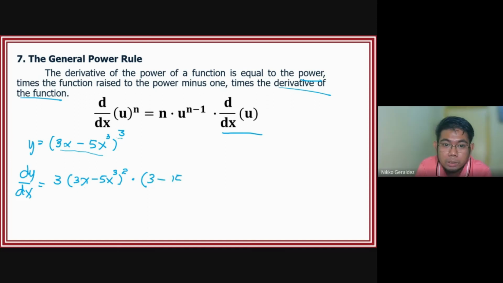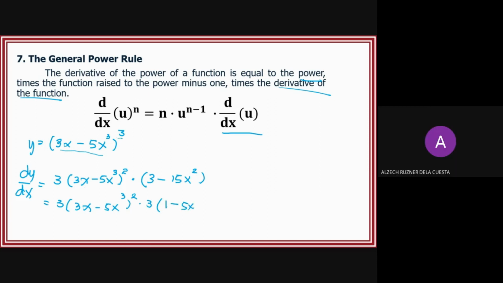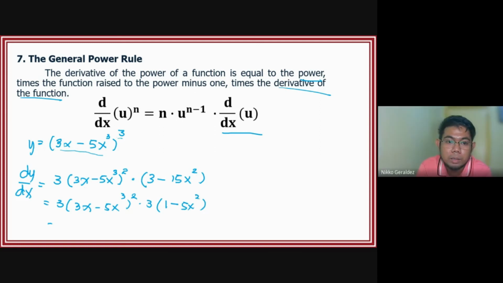Or pwede mo simplify, factor out 3. So, 3 times 3x minus 5x cubed squared times 3 times 1 minus 5x squared. Or meron tayong 9 times 3x minus 5x cubed squared times 1 minus 5x squared.